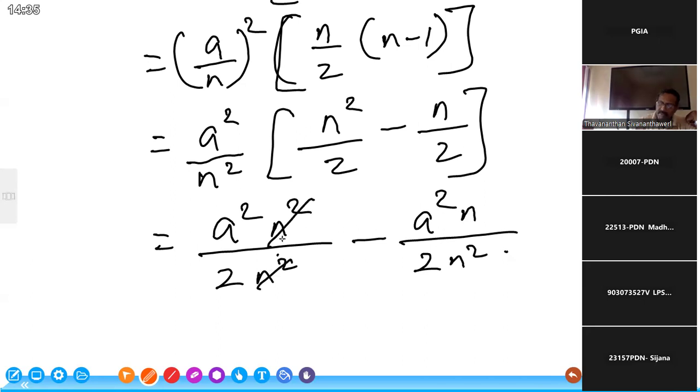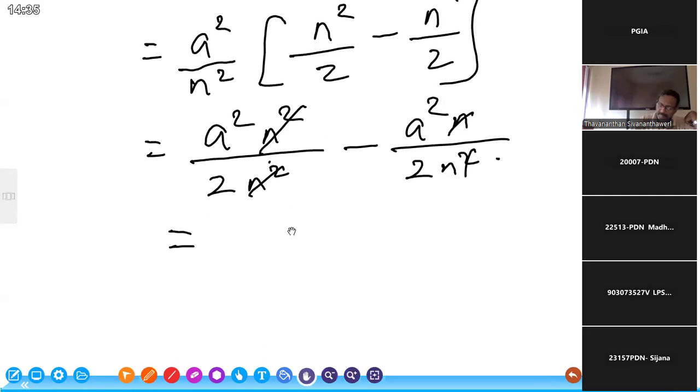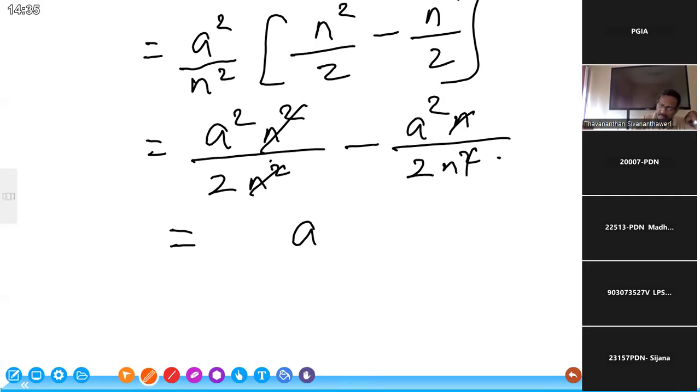As you all know, you cancel the n squares here, then you cancel this n, so you can write it as a square by 2 minus a square by 2n.